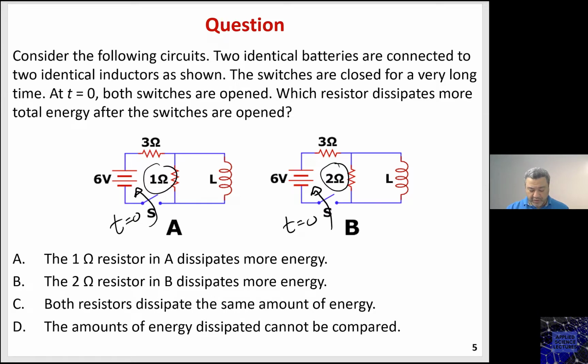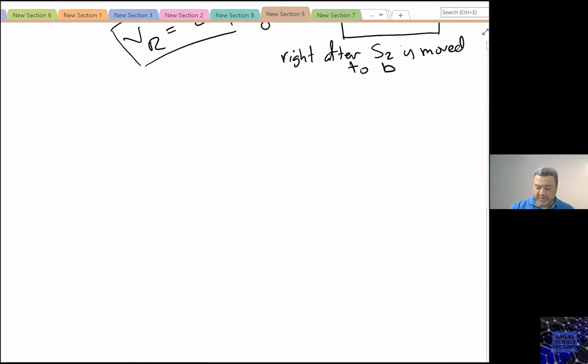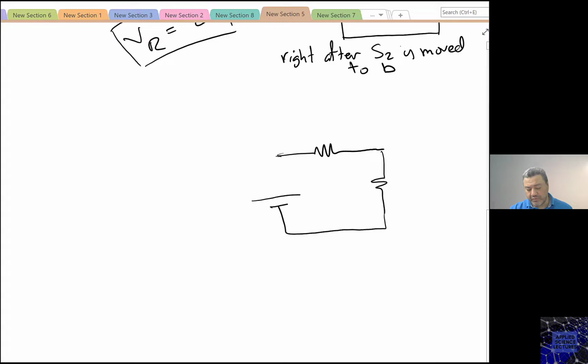Okay, so here we need to first draw the circuit when the switches were closed for a long time in order to understand the energy stored in those two circuits. So here we have the first circuit as 3, 2, 6 volt.